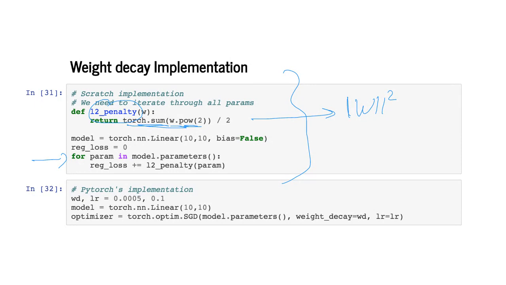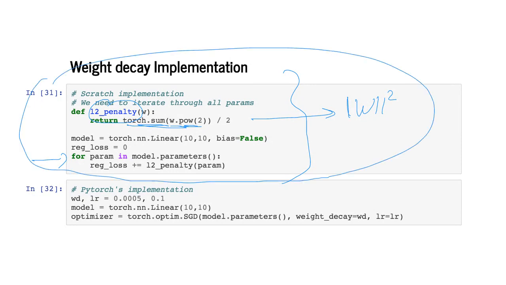But you don't have to implement this yourself. This is a from scratch implementation in PyTorch, but it is already implemented, and if you want to use it, you have to provide it as an argument to the SGD function. So you have to set the weight decay to some value WD.